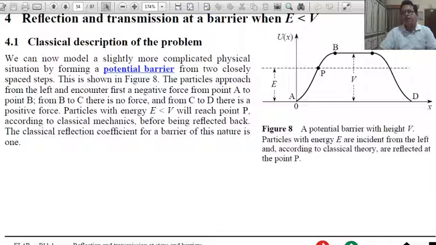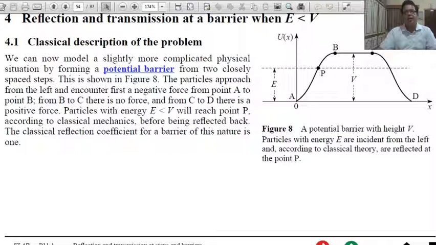Particle comes from left and the starting point of the step is at A to B. From A to B negative force, from B to C there is no force, and from C to D there is a positive force. Particles with energy less than V will reach at point P.